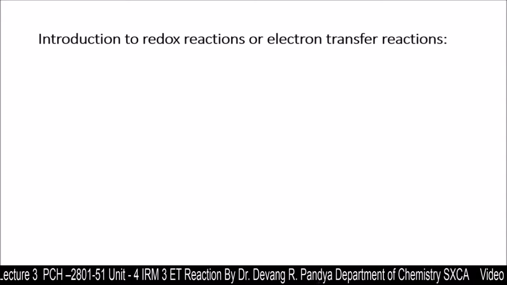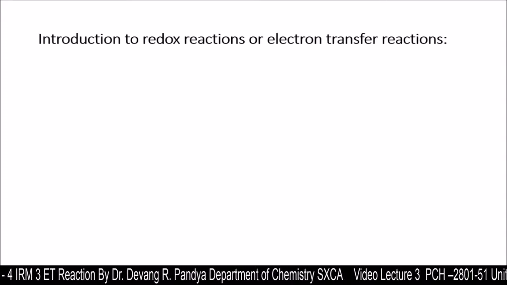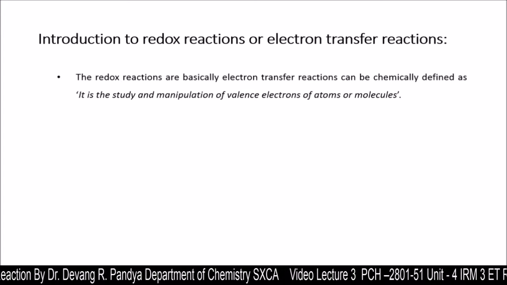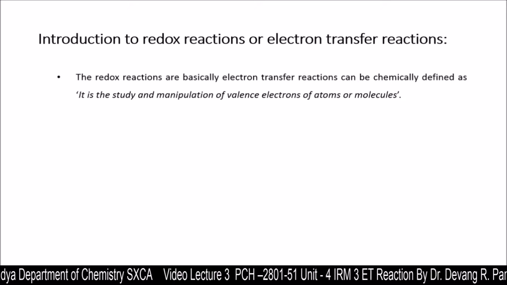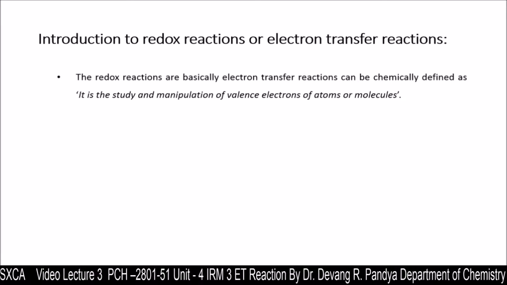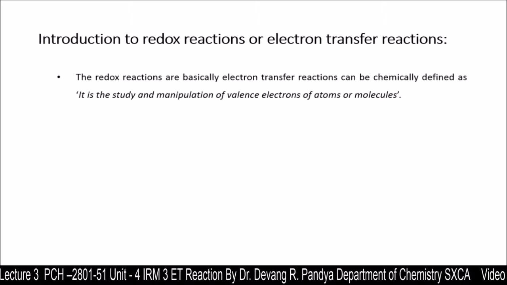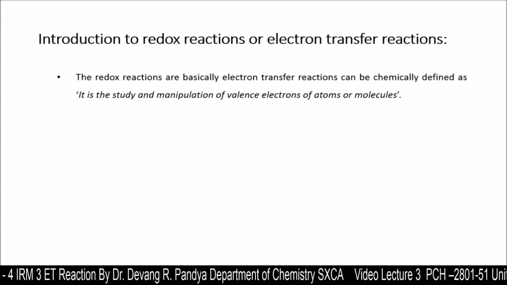Let's begin with the introduction to redox reactions or electron transfer reactions, and how they are defined. Redox reactions are basically electron transfer reactions, and can be chemically defined as the study and manipulation of valence electrons of atoms or molecules.